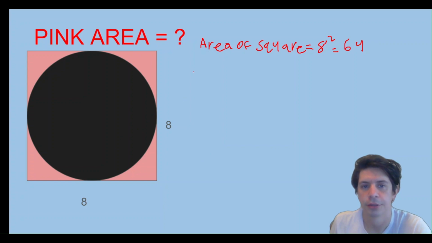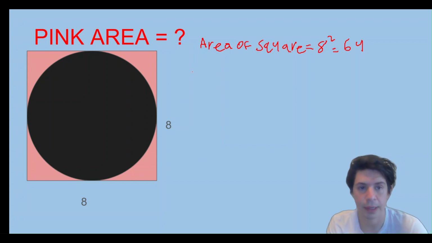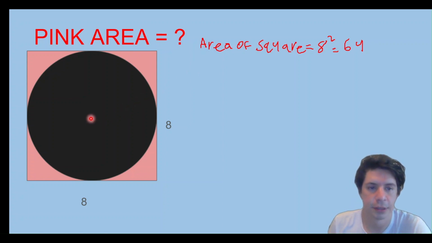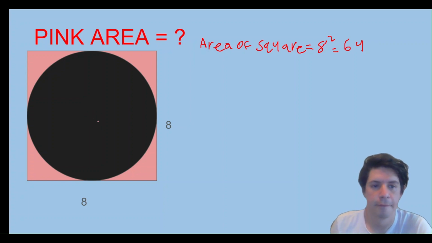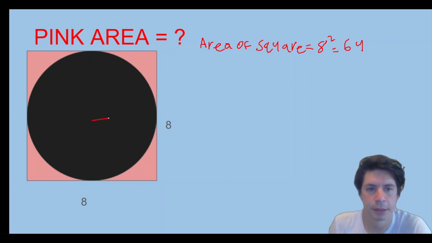And now let's do the area of the circle. First we need to find the radius of the circle. It's going to be something like this here, we have a line drawn out to it. That's half the distance of the whole thing, so it's going to be 4.